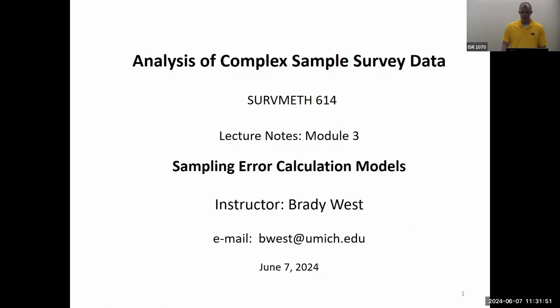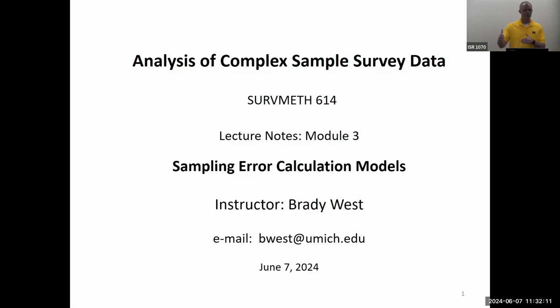All right, so now we're turning to module 3, which has to do with sampling error calculation models. So this is essential information to lead into our discussion of variance estimation next week. Some of you have started to ask questions about how to actually calculate variance.